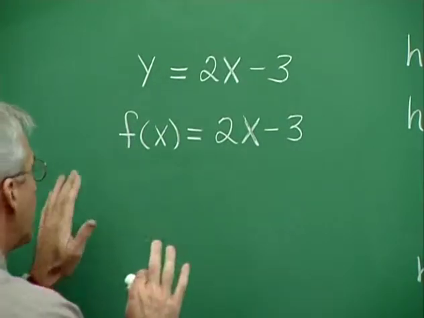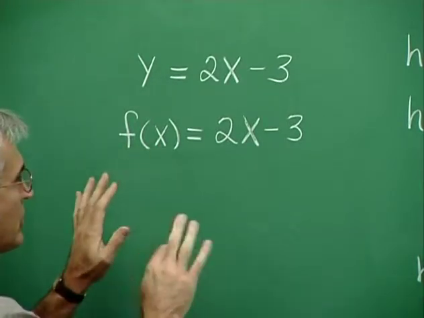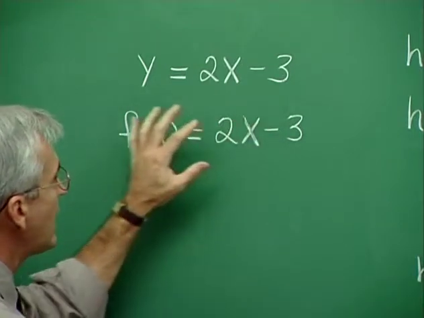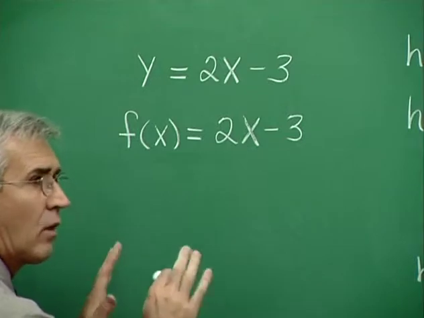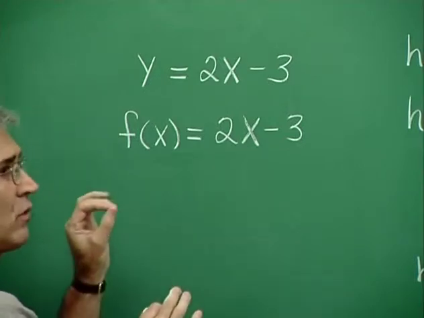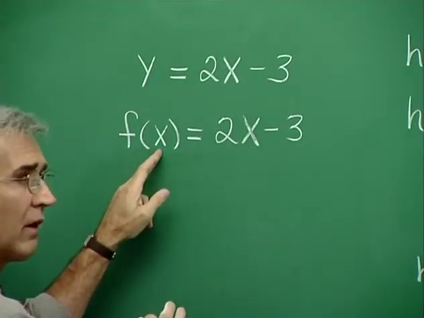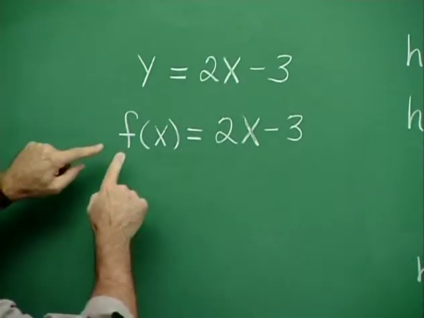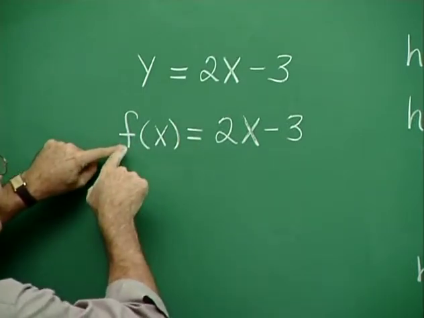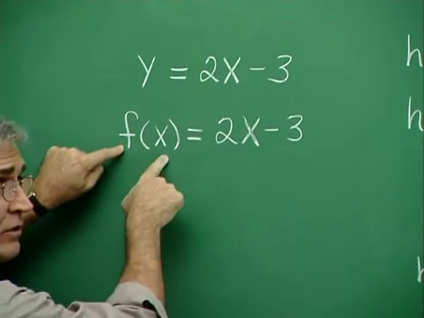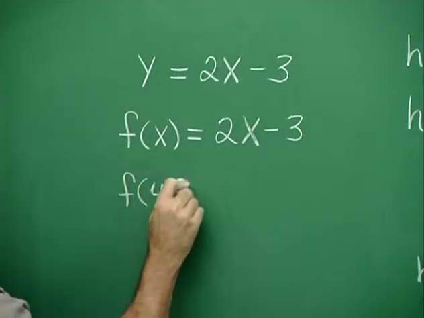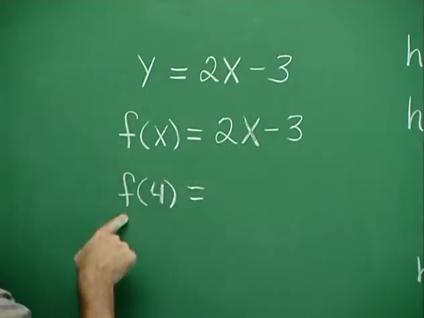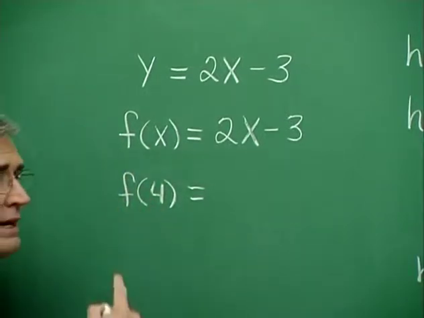Now if we interpret this f of x in a particular way, then this notation leads us to a technique for evaluating functions for a particular value of the variable. We can interpret this as the value of f at x, and if we put in a particular value like 4, then this means in the f function, replace x with 4 and evaluate.